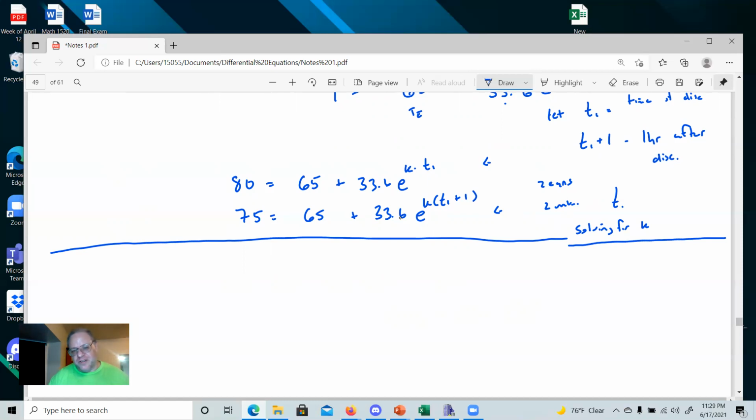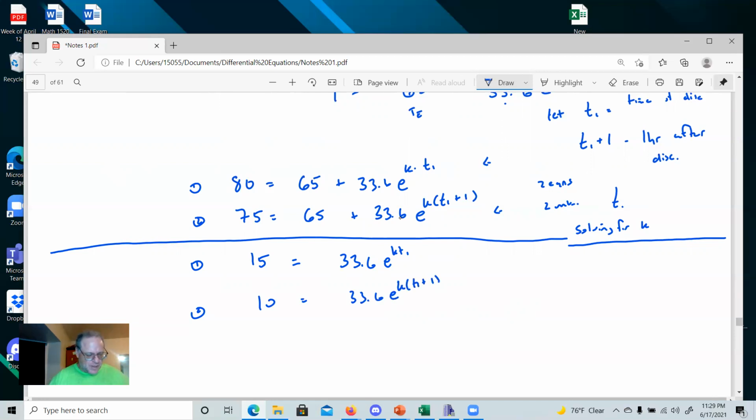The first thing I'm going to do is see if I can isolate my k and my t, and that's going to be done by getting exponential equations. So my equations 1 and 2: equation 1 turns into 15 equals 33.6 e to the kt1. Equation 2 is 10 equals 33.6 e to the kt1 plus 1.